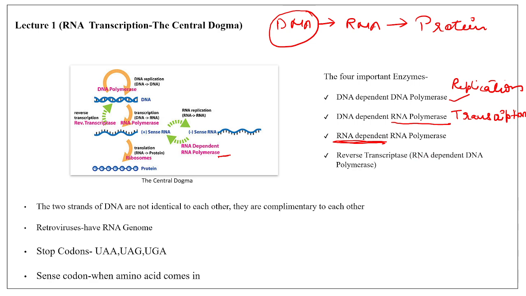So it is synthesizing DNA but using RNA as a template. Synthesis of DNA with DNA as a template is known as replication. But if we are using RNA as a template when synthesizing DNA, this is just the opposite of transcription. So this is reverse transcription.